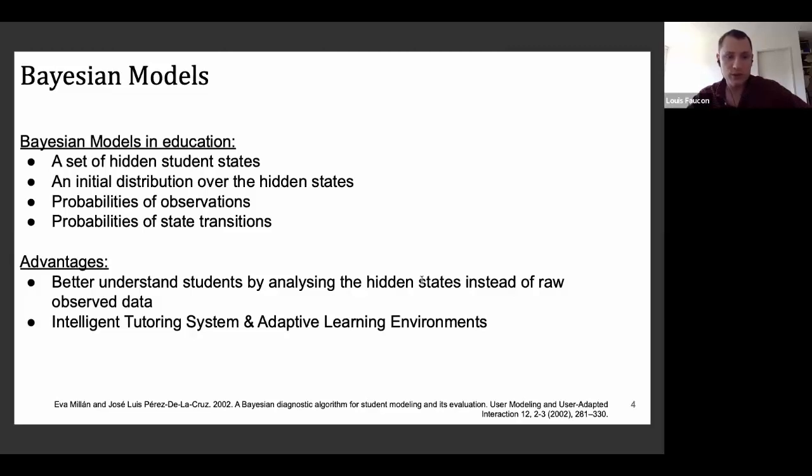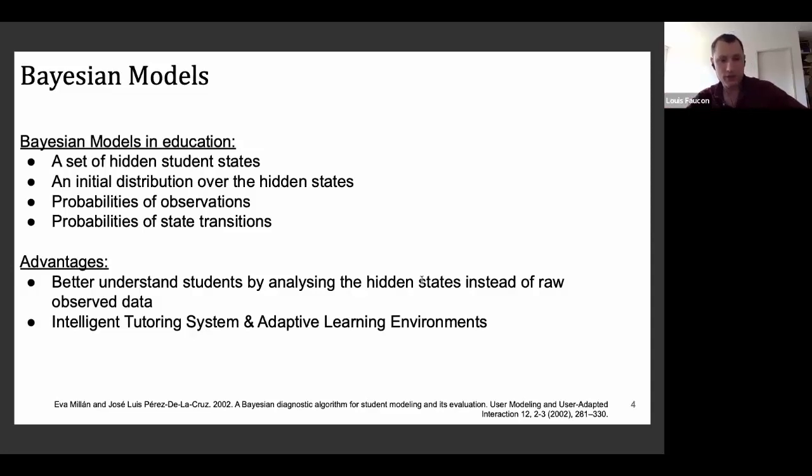The Bayesian model also contains an initial probability distribution over the hidden states. And one particularity that is very important is, given any possible state of the student, a probability distribution of observations.